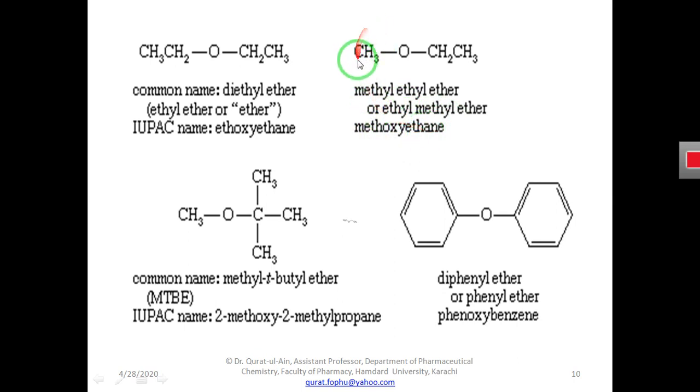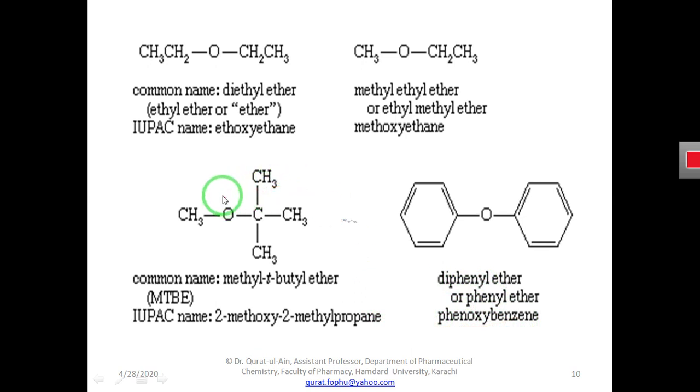Means the methyl group is present here and the ethyl group is also present here. And if the ether molecule has two aryl groups, then we will name it as diphenyl ether or phenyl ethyl ether or phenoxybenzene.